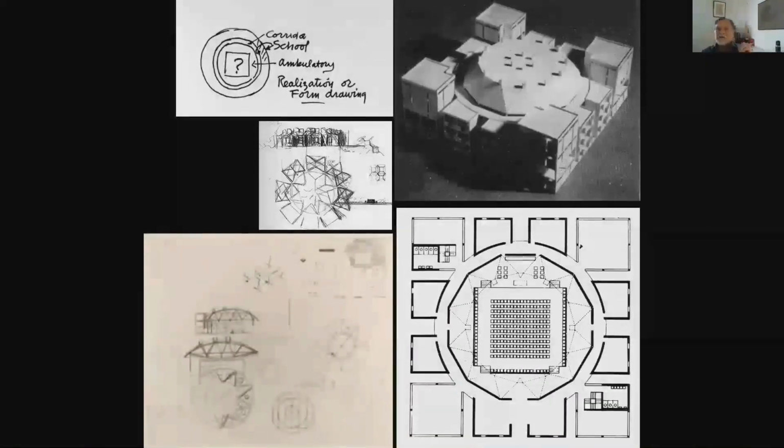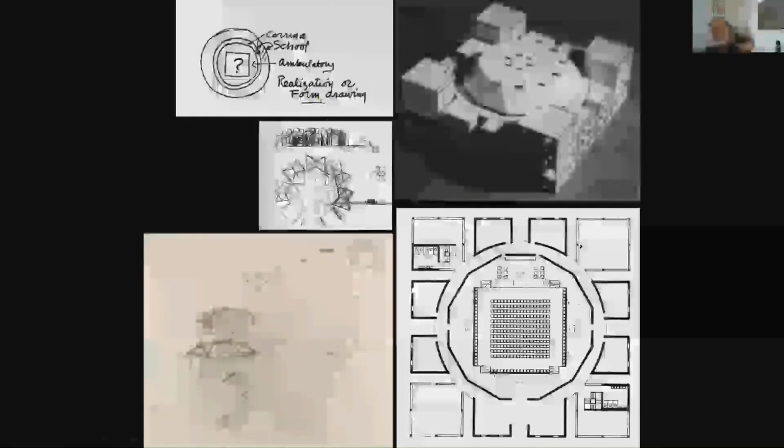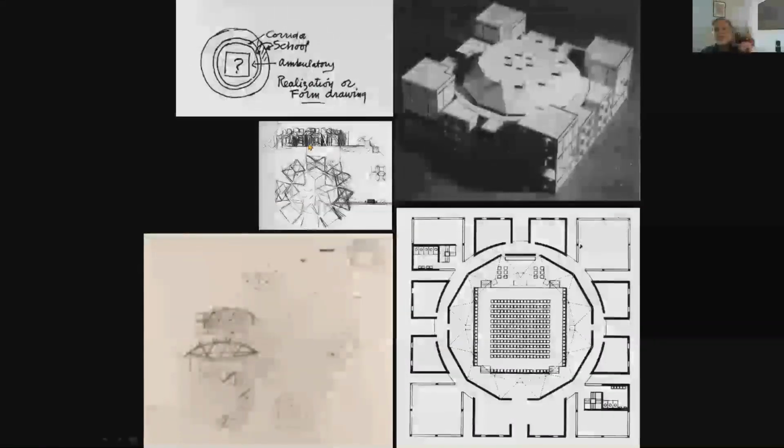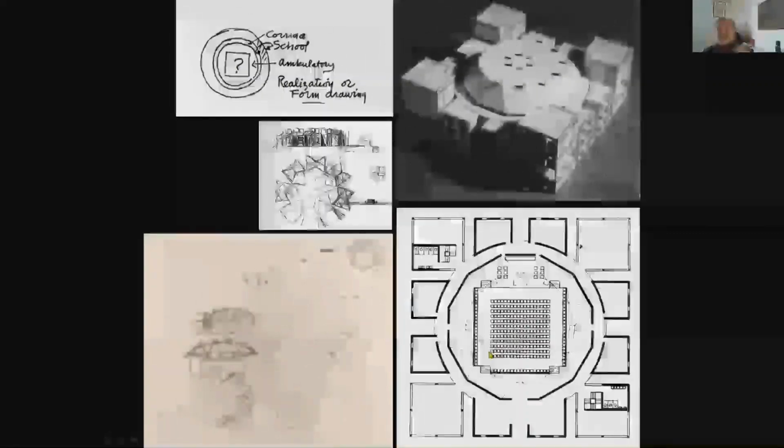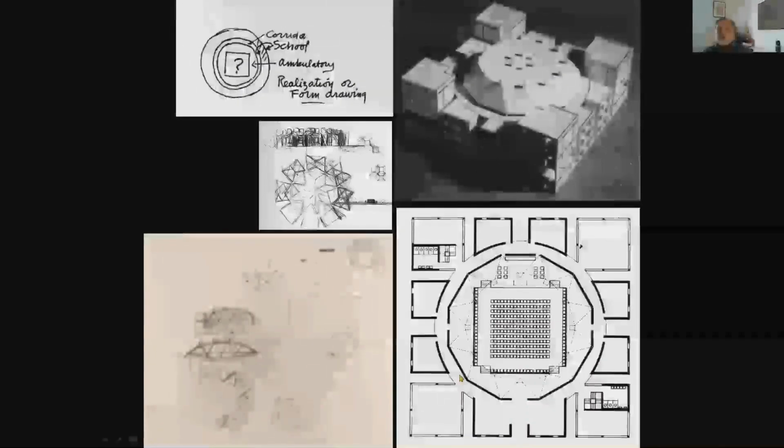Then from there on, again like the previous project, a series of sketches follow, which in this case takes the diagram of the form literally into a kind of circular building, ultimately coming up with a plan in which the center, the question, is the church surrounded by an ambulatory passage, and all the elements of the school are arranged around.